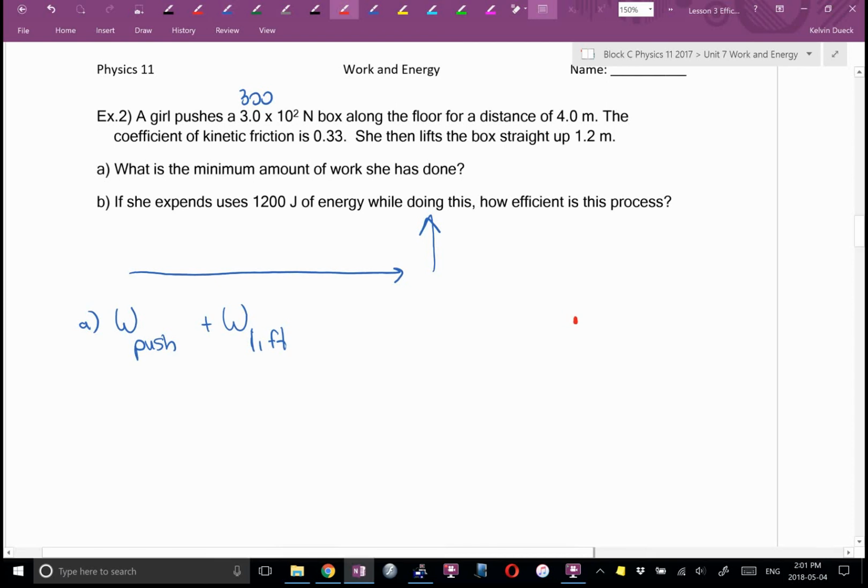Here's the box. While she's pushing, what are the forces acting on it? Get the obvious one. Is the box sinking into the ground like quicksand? Is it flying like Superman? I think I can safely say this. That force there, which I've often called applied, I'll call it push to go with work push.